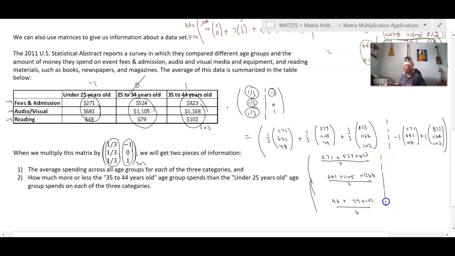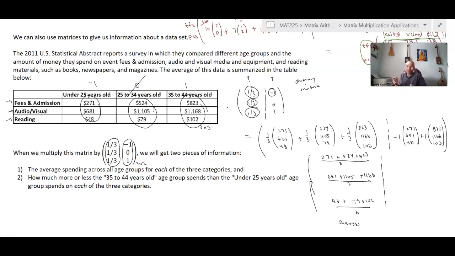Now that's just going to be my first column, and so these are averages for, again, notice that fees and admissions, audiovisual, reading, now these don't have units, right? Because this is just called a dummy matrix. It's kind of a funny term, but dummy matrix just means it serves a mechanical purpose.